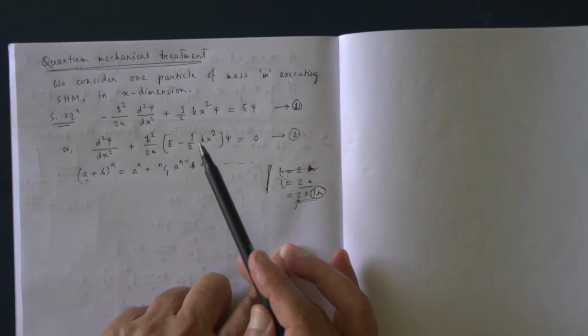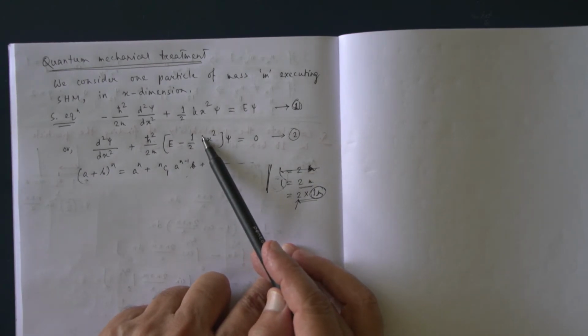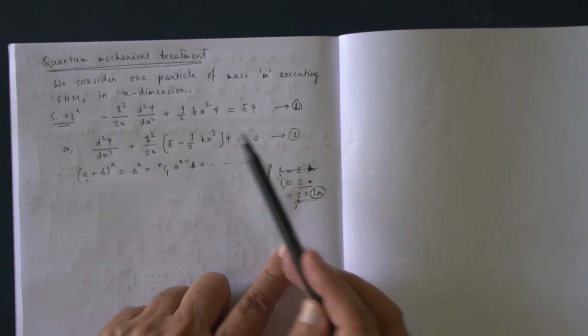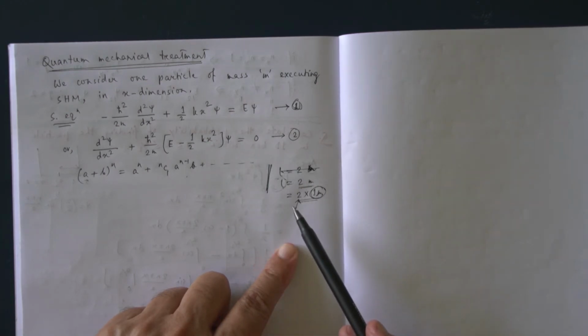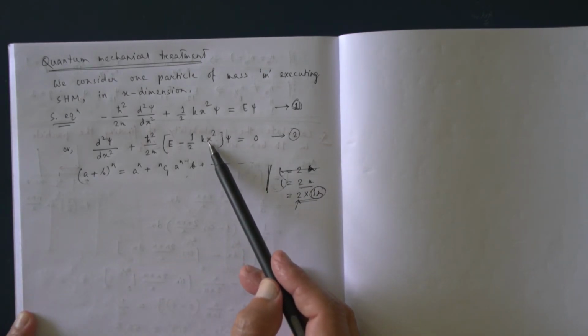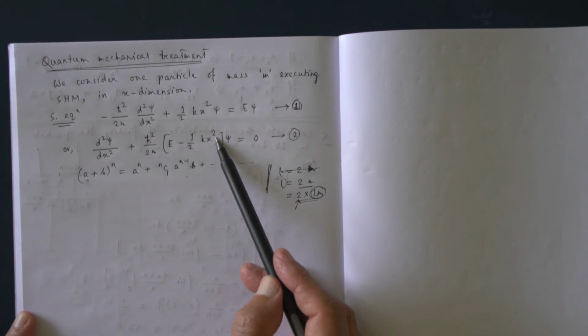So we will use polynomials here, but in order to use polynomials we need a pure number. But here x is not a pure number, it has dimension.